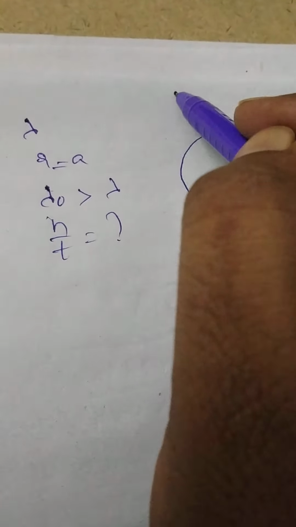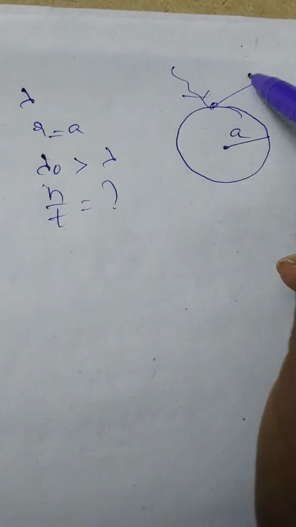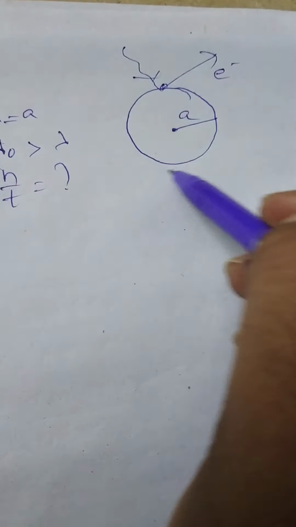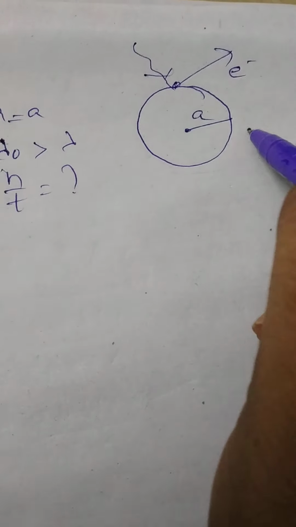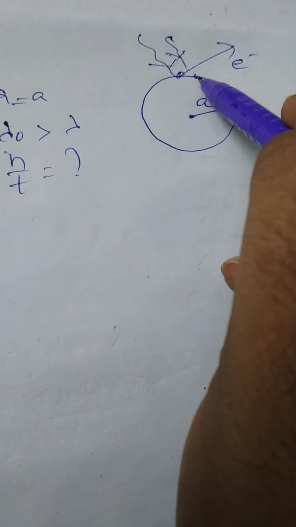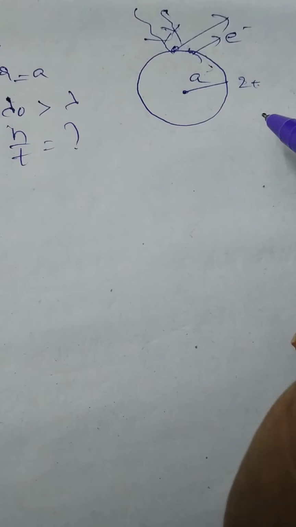Suppose a radiation is incident on it. An electron will be ejected from it. Electron ejected means the remaining sphere has some positive charge. Then a second photon is made incident on the surface. A second electron is also ejected and the sphere now has two positive charges.